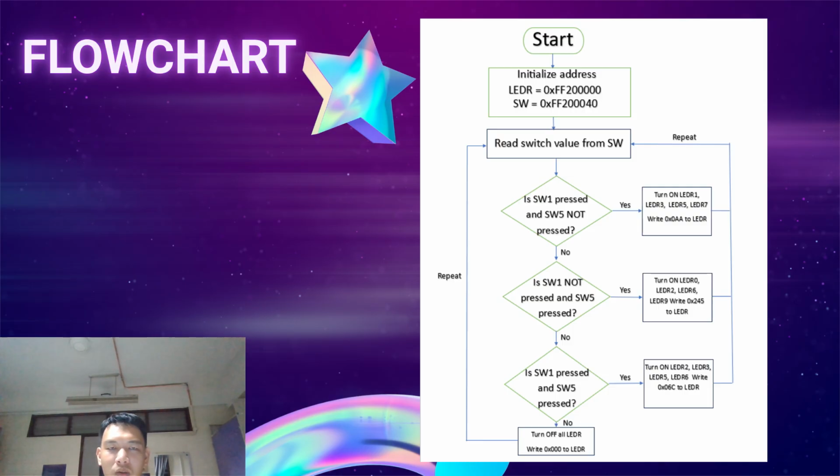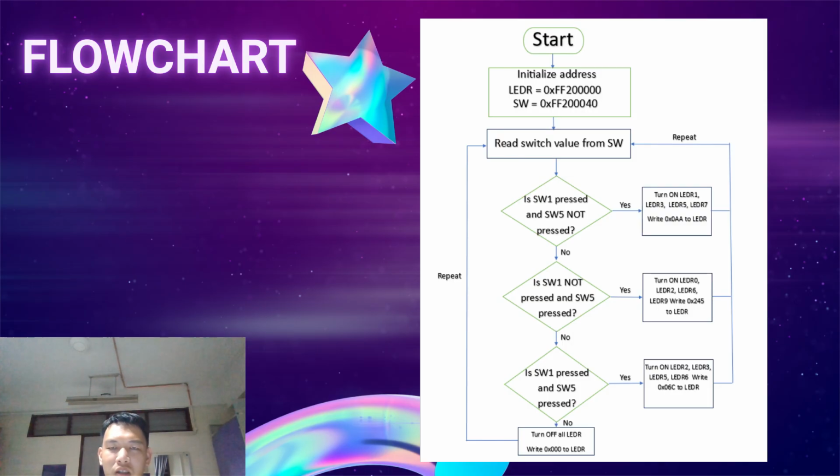The third condition checks whether both switch 1 and switch 5 are pressed. If this condition is true, the program turns on LEDR2, LEDR3, LEDR5, and LEDR6.